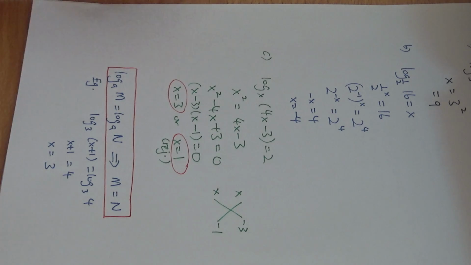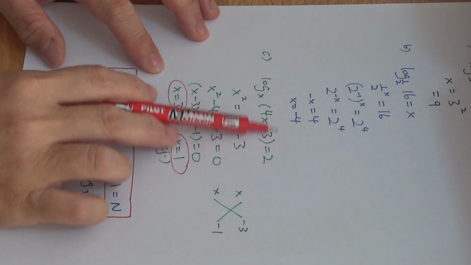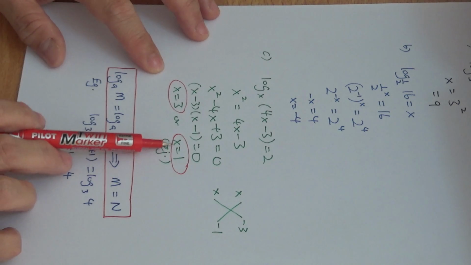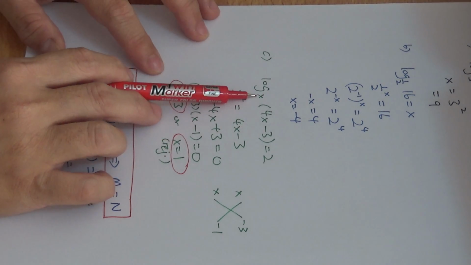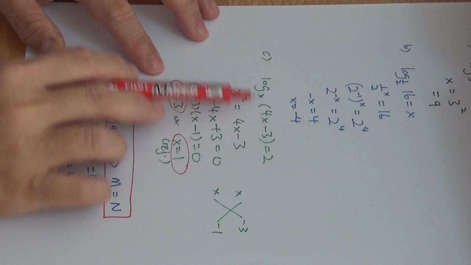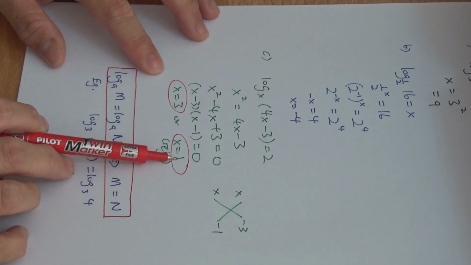Now, log is only defined when this base is positive and this whole thing is positive. So when x is equal to 1, this is 1 and this is 1, this is positive and this is positive, but note that this base here cannot be 1.